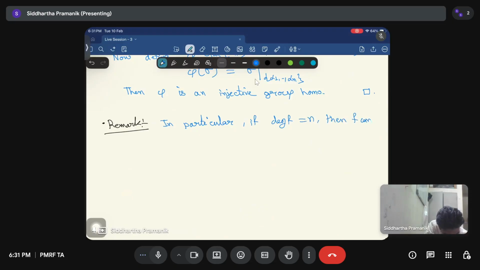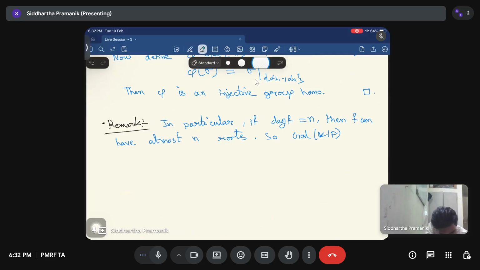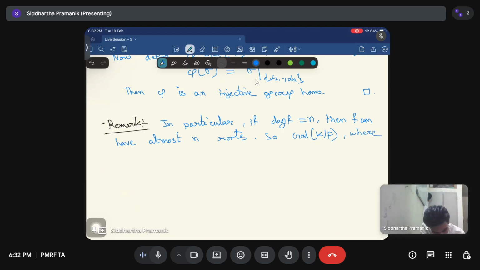So the Galois group of k over F, where k is a splitting field of f over F, is a subgroup of Sn.